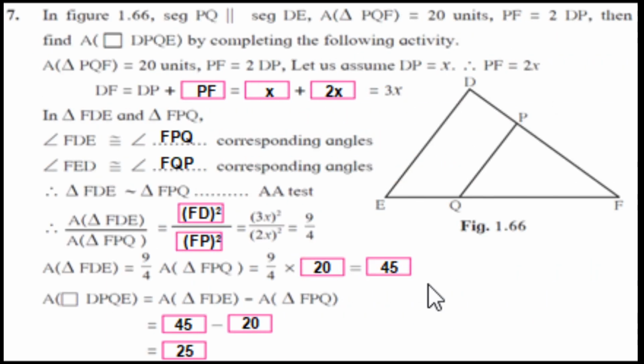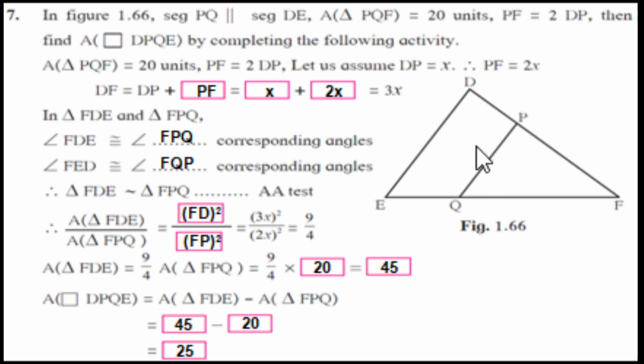Then in question number 7, an activity is given to you, and we have to complete this activity to find the area of quadrilateral DPQE. So in figure 1.66, PQ parallel DE. This PQ segment is parallel to DE segment.